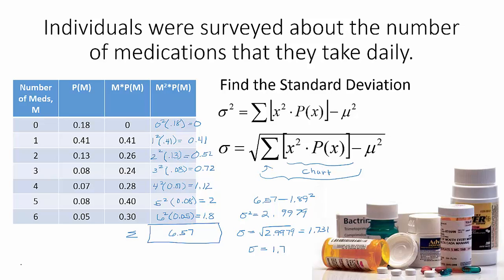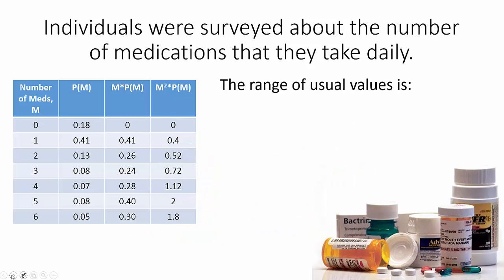So let's look at another question. In this question, we're asked for the range of usual values. Now, you may remember, if not, I'm going to remind you, for the range of usual values, we have a rule of thumb, and that rule of thumb tells us that the minimum would be equal to the mean minus 2 standard deviations, and the maximum usual value would be the mean plus 2 standard deviations.